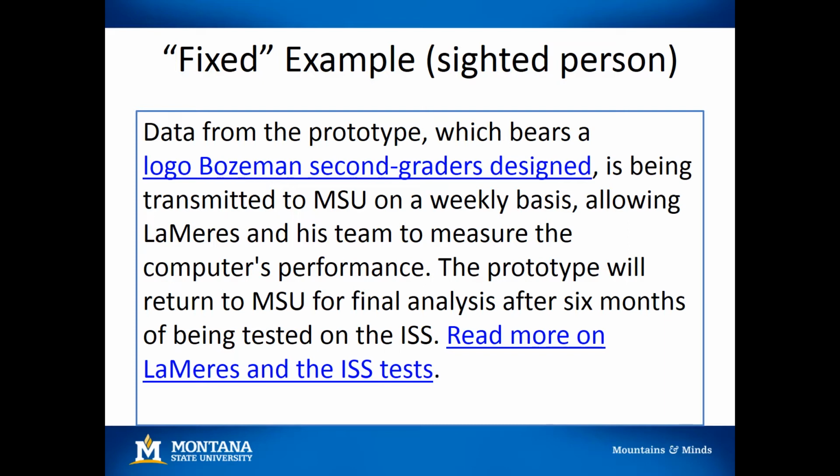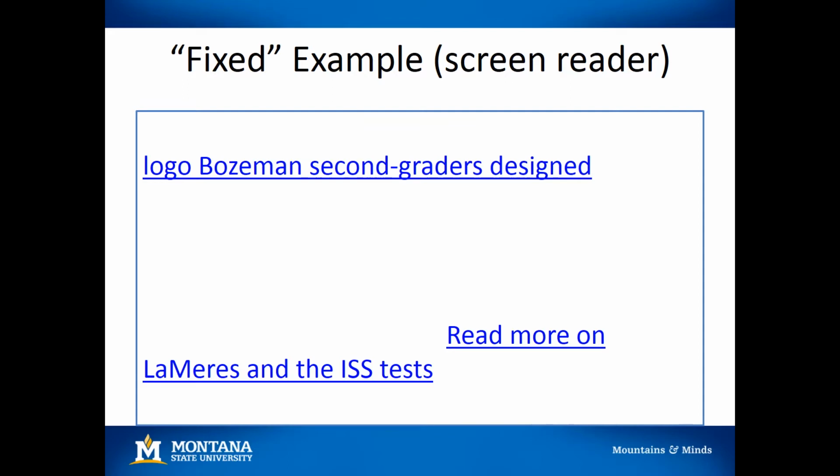Now for us as sighted users, the paragraph actually makes a little more sense. It's a little more cohesive. And for a screen reader, they have logo Bozeman's second graders designed. Check, understand that. And they have read more on Lemira's and the ISS tests. Okay, both of those make sense.